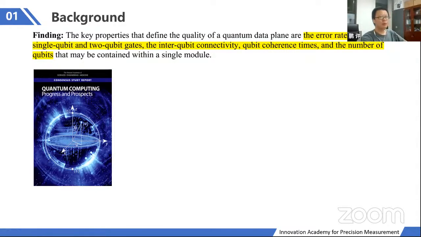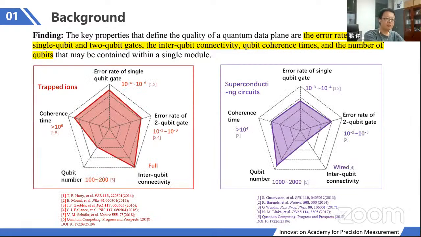So if we judge the platforms from these five directions, and we plot the current status in this radar picture, we can see here. I just give a summary of the trapped ion system and the superconducting system.